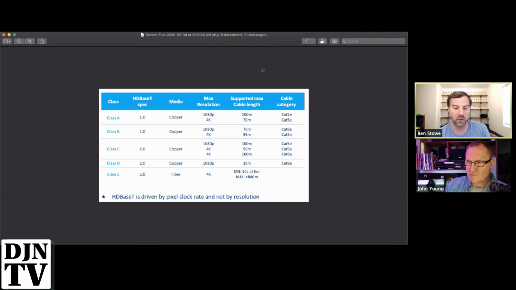If we look at Class C, we can see that we can do 4K at 100 meters on a Cat 6A cable, which is pretty rocking. However, it takes both parts of that equation. You have to have a Class C chip, and you have to have Cat 6A cable. Having neither of the other, it's not going to work.